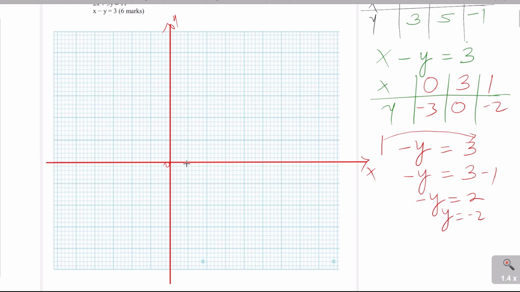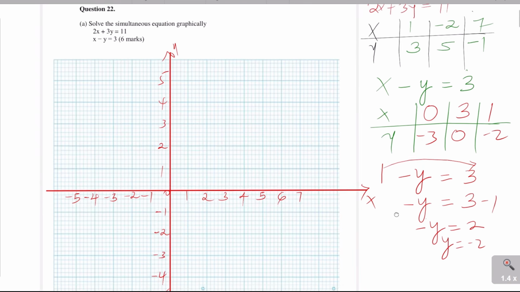So the 0 is there, and this is 1, 2, 3, 4, 5, 6, 7. Then we have negative 1, negative 2, negative 3, negative 4, negative 5 on the x-axis, and on the y-axis negative 1 to negative 5 and 1, 2, 3, 4, 5. All the values are accommodated.